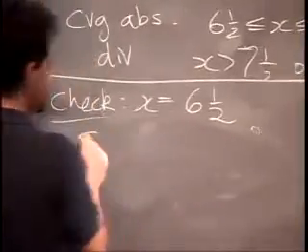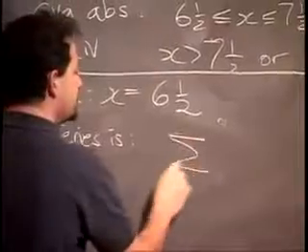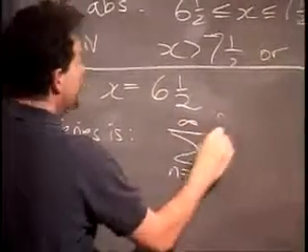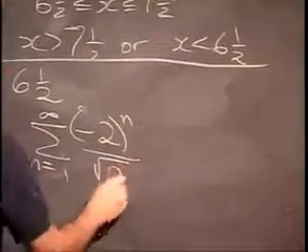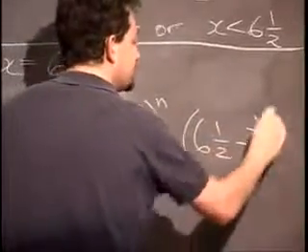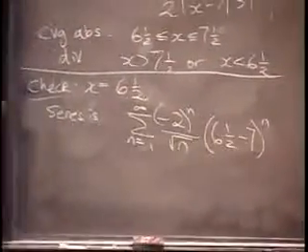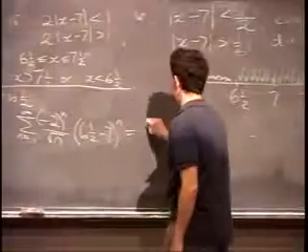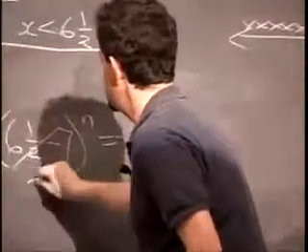The series is the sum from n equals 1 to infinity of minus 2 to the n over root n times 6.5 minus 7 to the n. So I've plugged in 6.5. What is 6.5 minus 7? Negative 1/2.